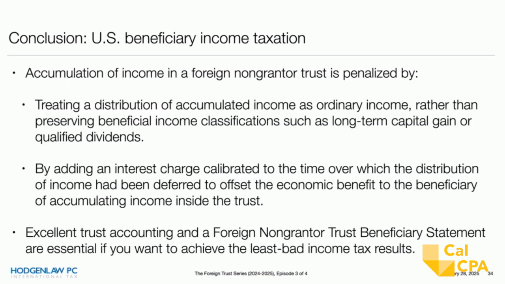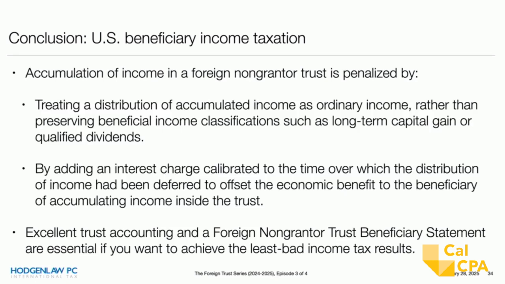you end up with a situation where it's really not economically effective to set up a foreign non-grantor trust that has U.S. beneficiaries unless you take great pains to distribute all of the income annually to the U.S. beneficiary. So you use up all the DNI, so there's no undistributed net income.